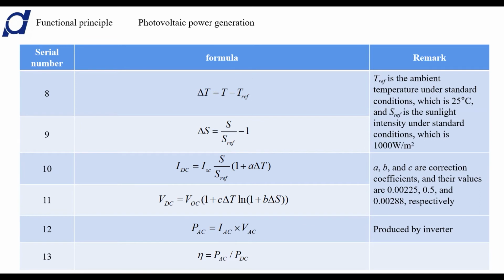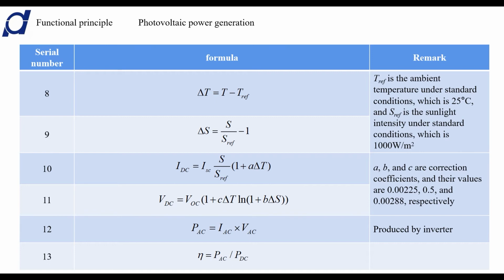The temperature difference delta T and the light intensity difference delta S can be set as shown in equation 8 and equation 9. Finally, the values of C1 and C2 can be determined, and the current and voltage generated by the photovoltaic cell can be obtained as shown in equation 10 and equation 11.